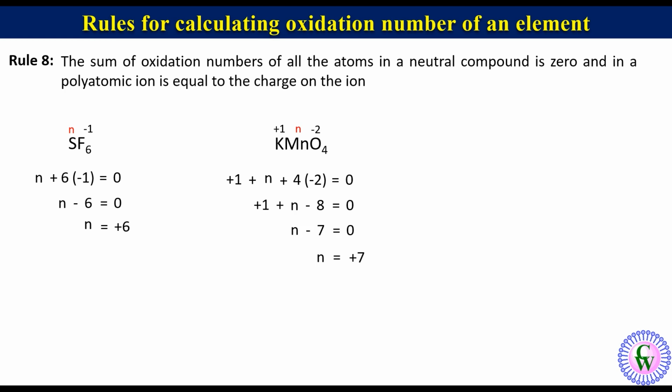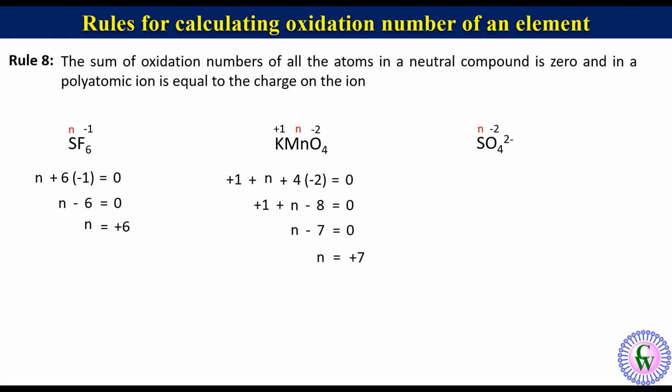Let's take the example of determination of oxidation number of sulfur in sulfate ion. In this case too, we will suppose that the oxidation number of sulfur is N. We know that the oxidation number of oxygen is -2.